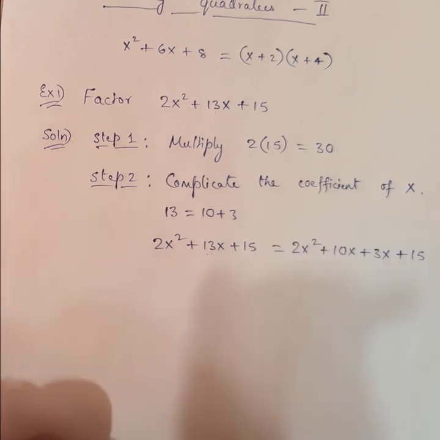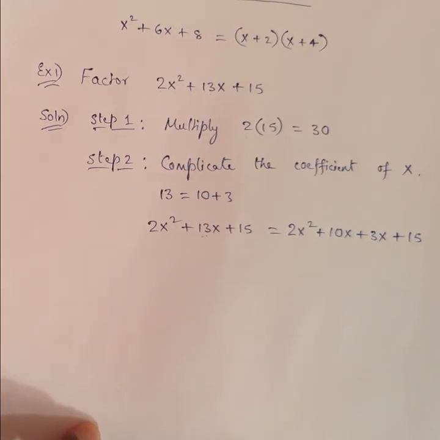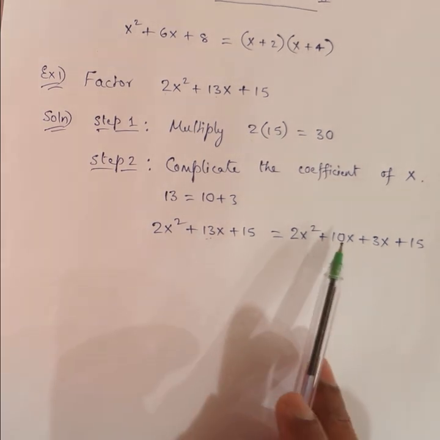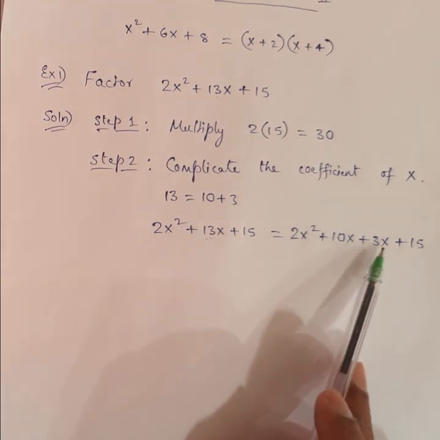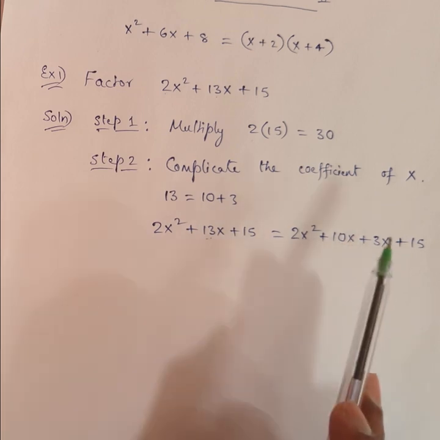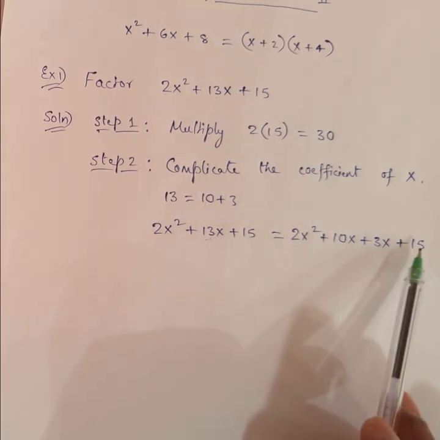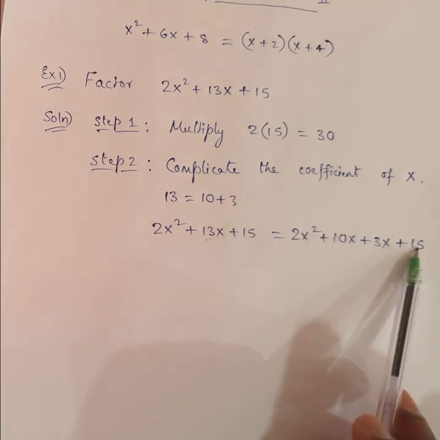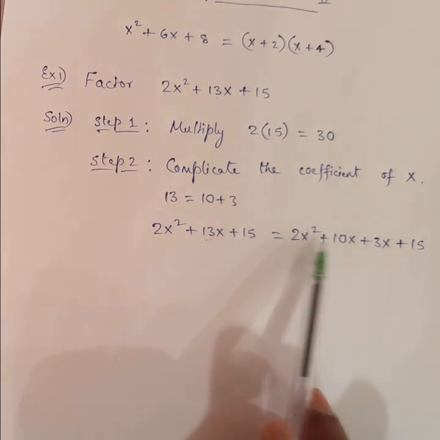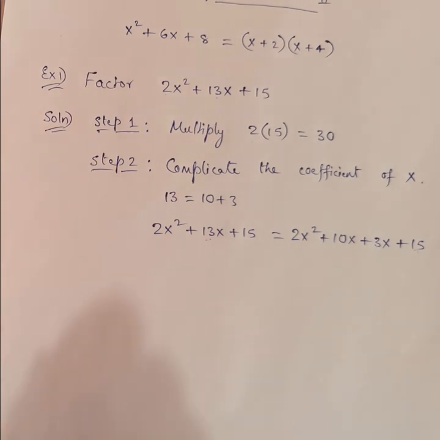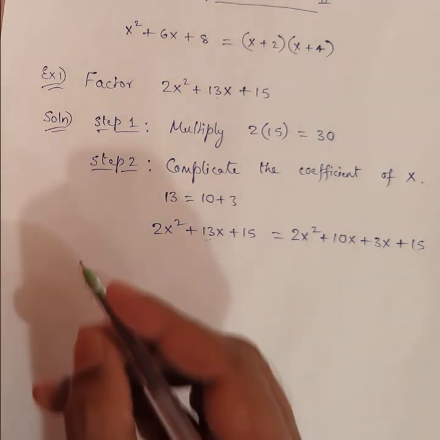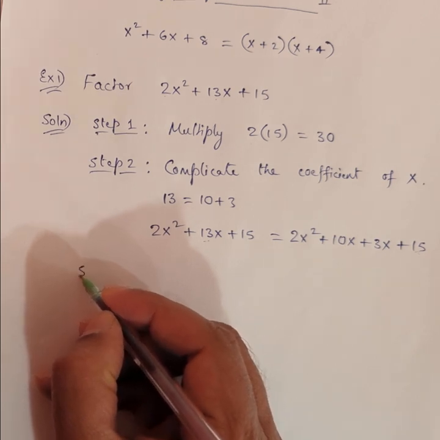So that's what I mean by complicating. Usually, when you are given this expression, you combine these 2 like terms and write down this answer, and you say that you have simplified a four-term expression into a three-term expression. But now we complicated it. And what is the reason for that? You'll see that in step 3.